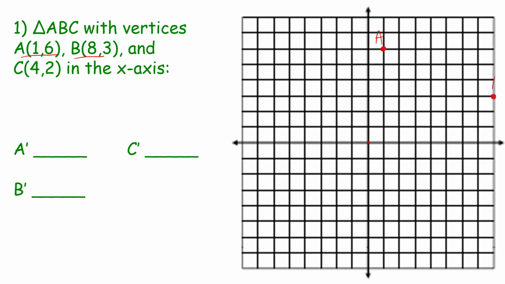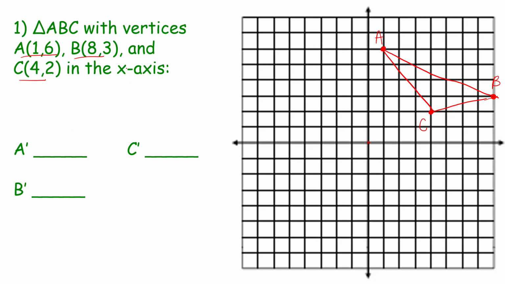And that's point B. And then point C is 4, 2. Then I'm going to connect my points. You can use a ruler. I don't have a ruler, so I'm just going to do the best that I can. It's not going to look perfect, but that's okay. All right, there we go.